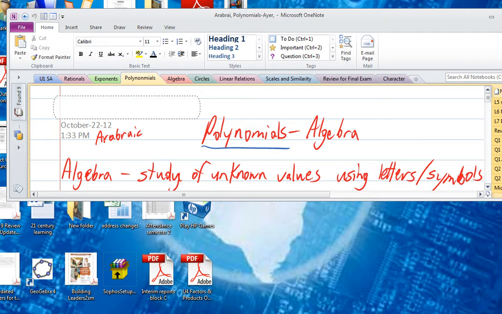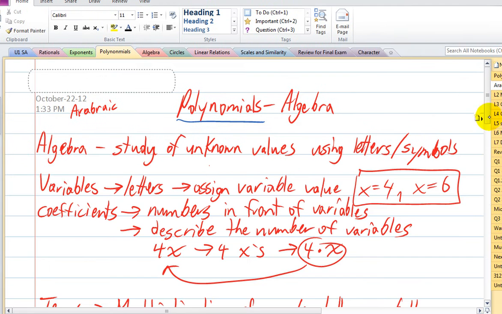So, a couple examples. Variables. Variables are letters. And with variables, we can assign a variable a value. We can have a whole bunch of variables together in a statement and then say x equals 4. Or we can change it and say x equals 6.